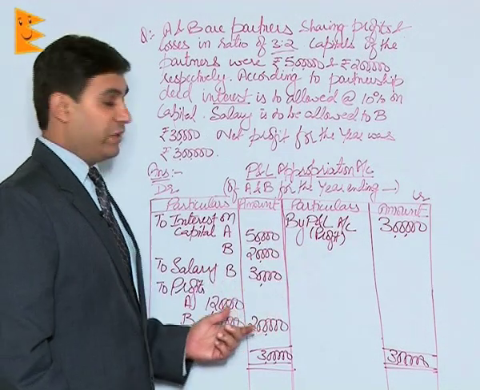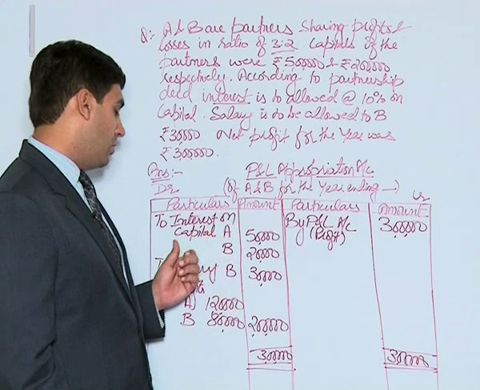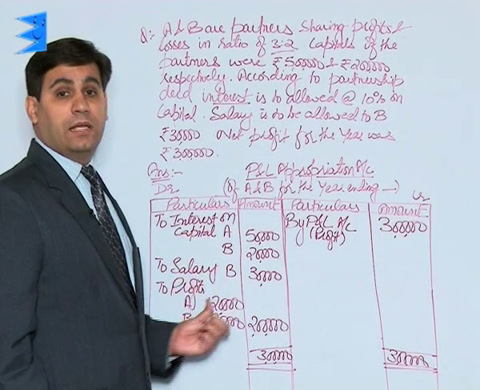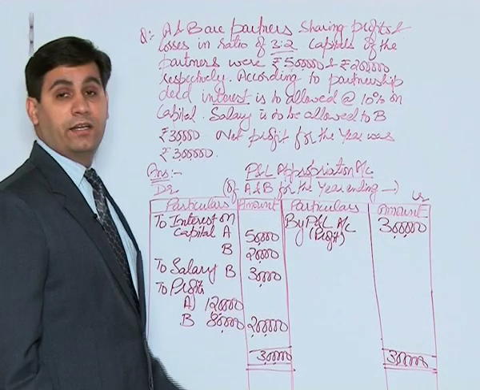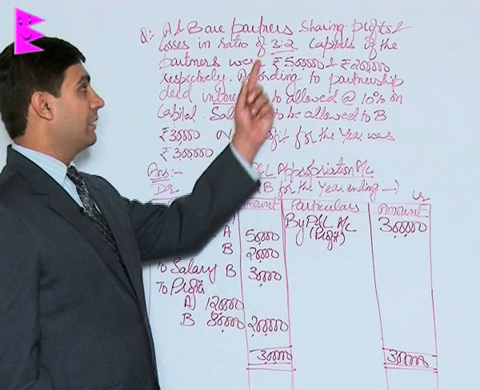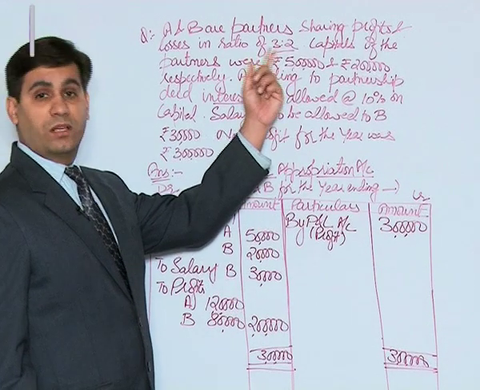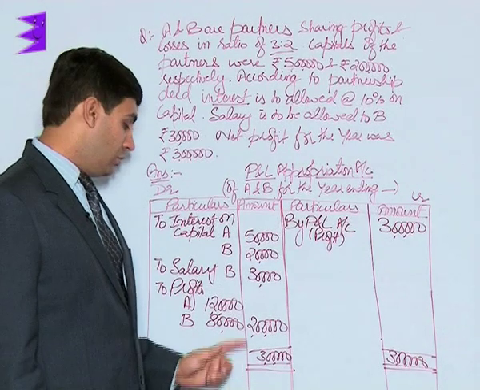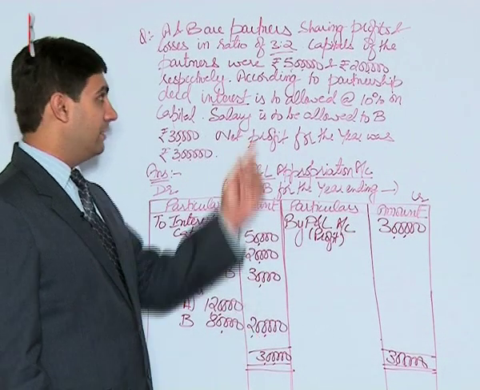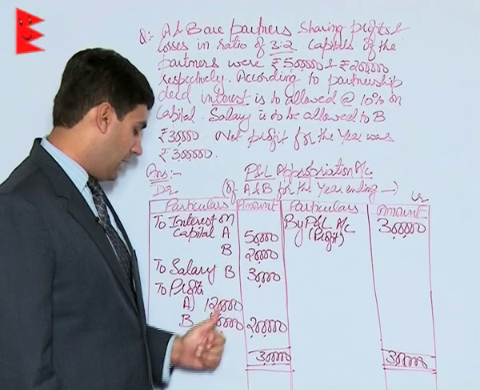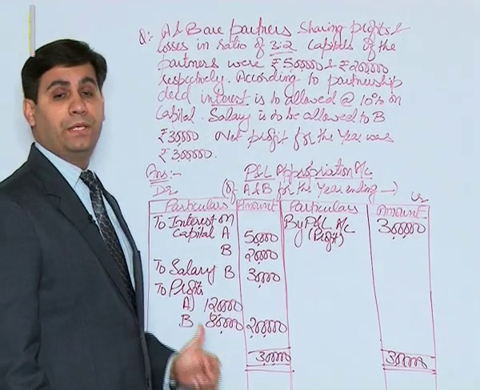Out of this net profit, we have deducted appropriations on account of interest on capital and salary. And whatever is left, that is 2 lakh, will be treated as divisible profits, which would then be divided among the partners in their ratio. Ratio in this case is given to be 3:2. So 2 lakh divided in the ratio of 3:2 gives us 1,20,000 for A and 80,000 for B.